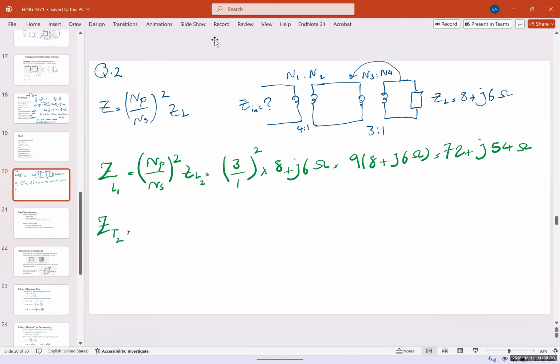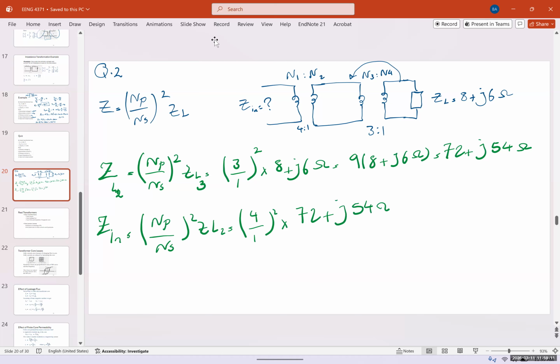And if I want to find ZT1, this makes it this 2, and this makes this 3, and I want to find Zin. It would be, again, NP over NS squared times ZL2, which this time is 4-to-1 squared times 72 plus J54 ohms.